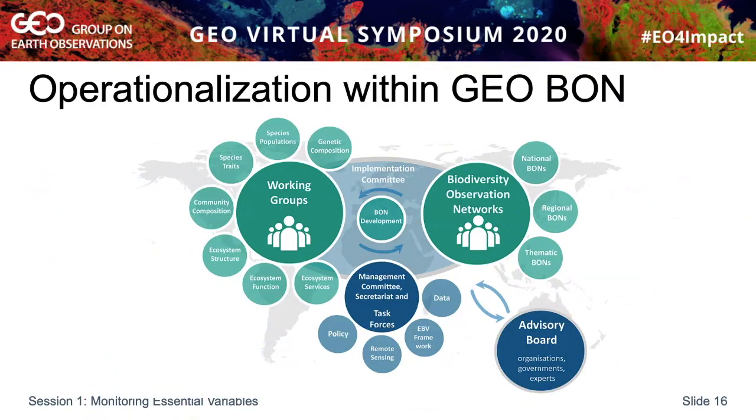And within our structure, as you can see, we also have room, of course, for the development of the biodiversity observation networks that are focusing on the collection of biodiversity observations, among other things. We also have a working group here, the BON development working group, that is acting as a bridge between the two. And on top of that, we also chose to establish some task forces that are focusing on cross-cutting issues relevant to all working groups and BONs, for instance, remote sensing, policy support, and data management.